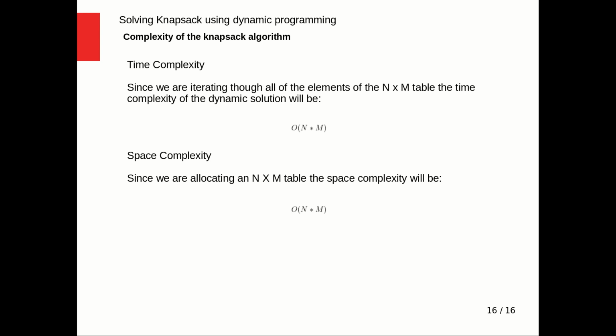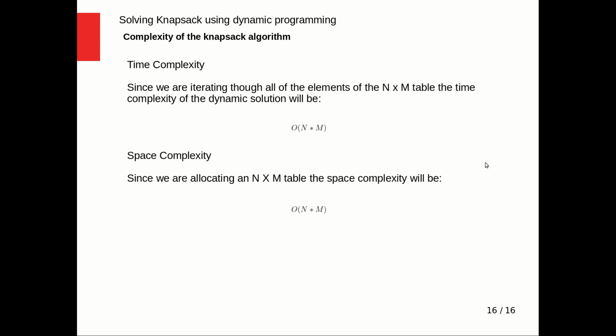So although this number, for very small numbers of n and m, might be larger than the 2 to the n solution, when these numbers grow, the difference is tremendous. It is much, much faster.